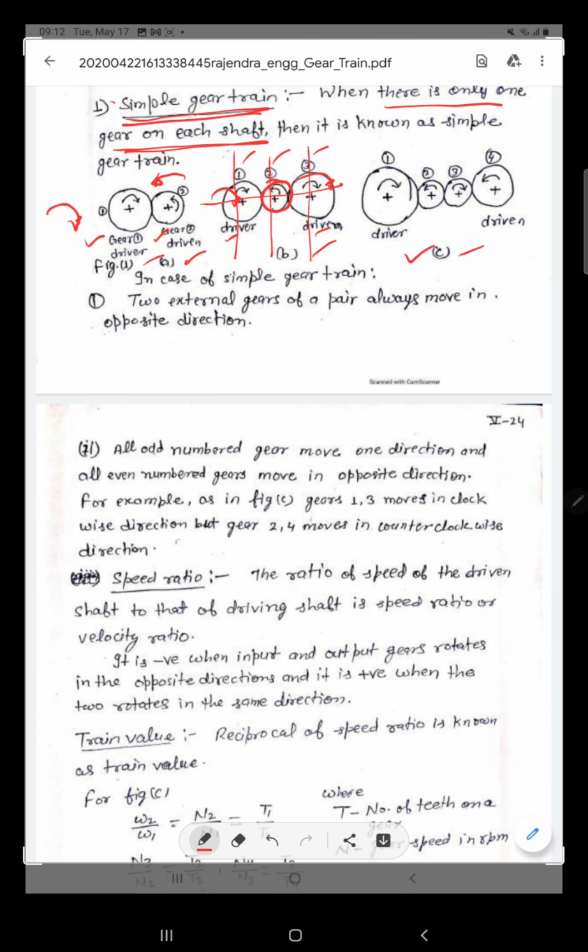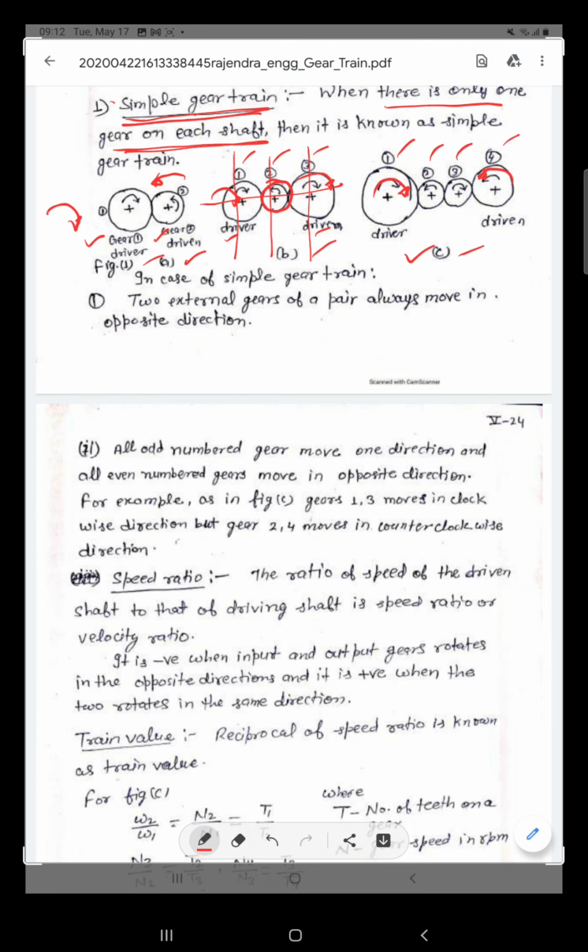In figure C, there are four gears, gear 1, 2, 3 and 4. Again, the first gear is moving clockwise, but the last gear is moving in the opposite direction, because the number of gears is 4, which is an even number.